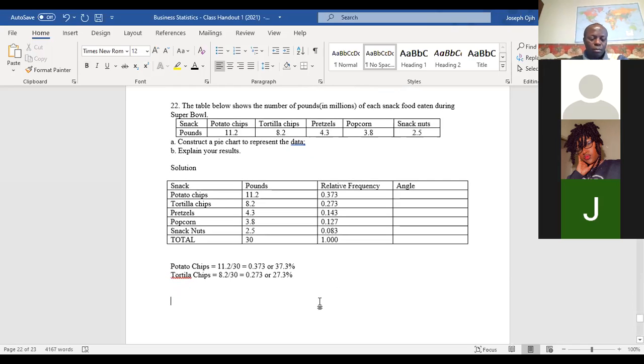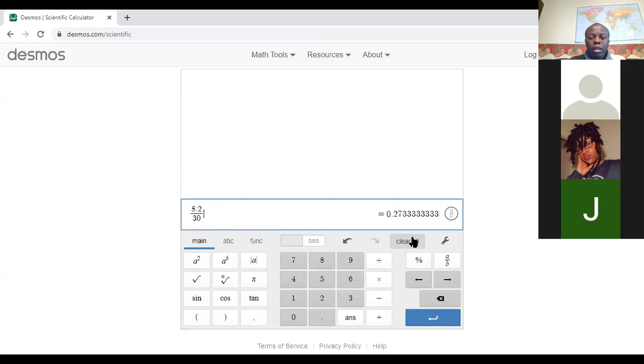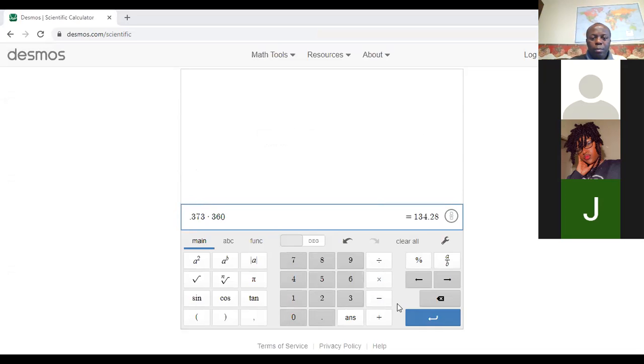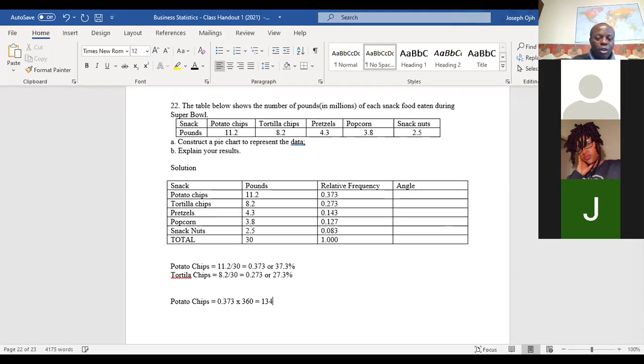For example, for potato chips, the relative frequency is 0.373, times 360 degrees, which gives 134.28 degrees.